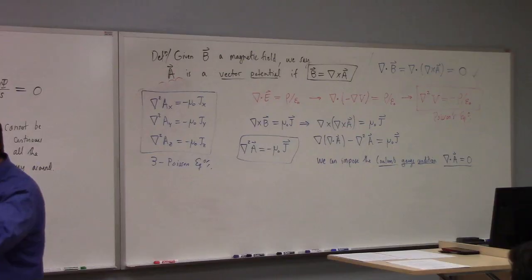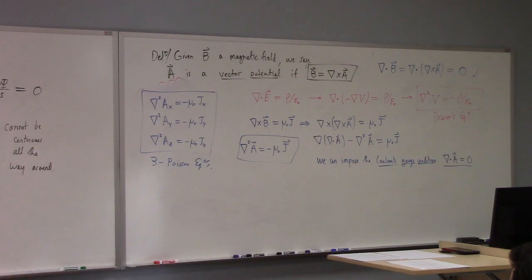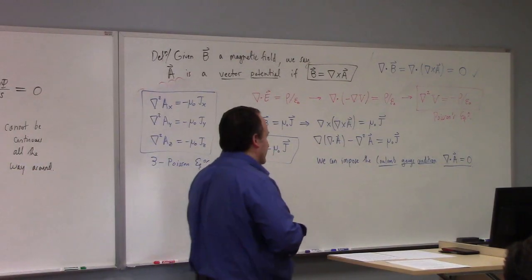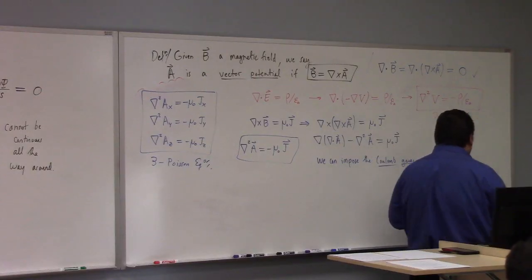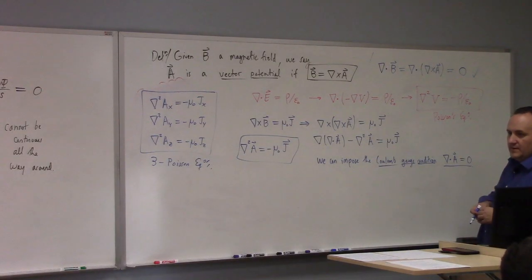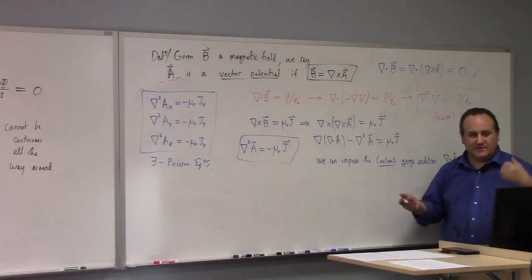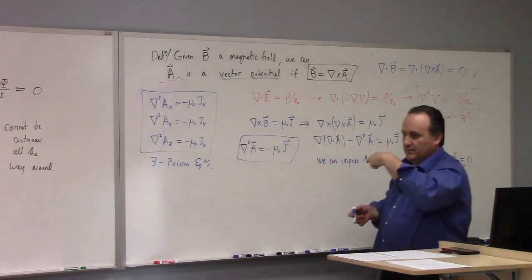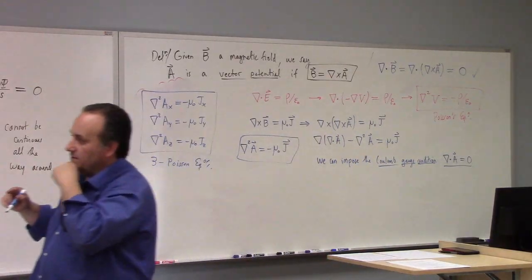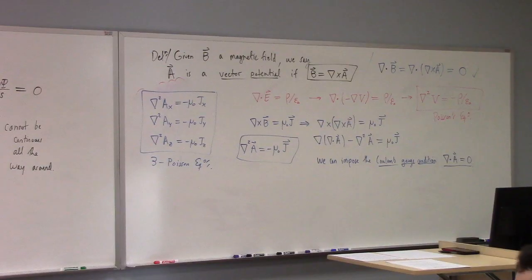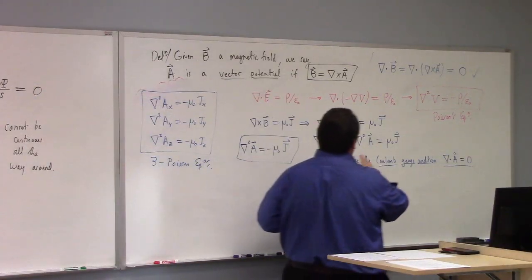Which means you can solve this in the same way that we solved the Poisson equation before. We can solve this equation if we're working with the Coulomb gauge. Now, if the Coulomb gauge is not fixed, if we don't have the divergence of A equal to 0, well then other things are required. But given that the setup is the same, what's the formula for A? I wrote down the formula for V earlier. What was the solution to Poisson's equation?